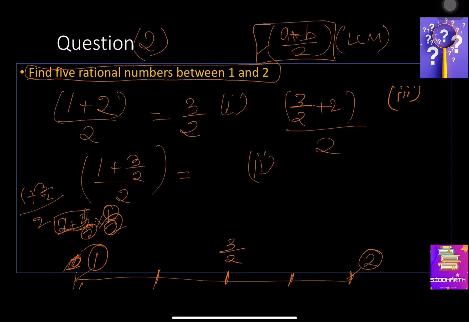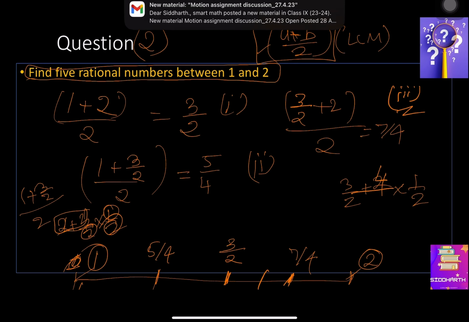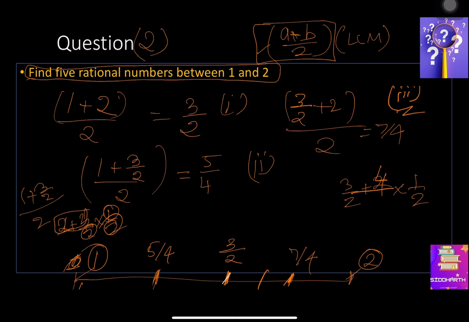Now the third number: 3 by 2 plus 2 into 1 by 2, which is 3 plus 4 by 4, which is 7 by 4. Now take 3 by 2 and 7 by 4 and find one more number between them. Take 5 by 4 and 3 by 2, find one more number between them. Like that, you can keep on dividing and get the answer.